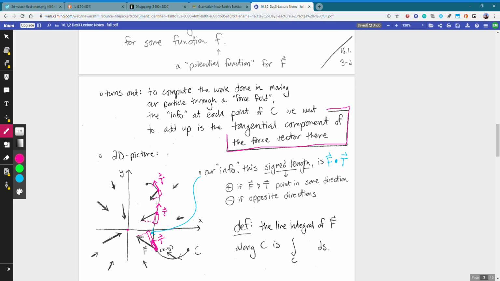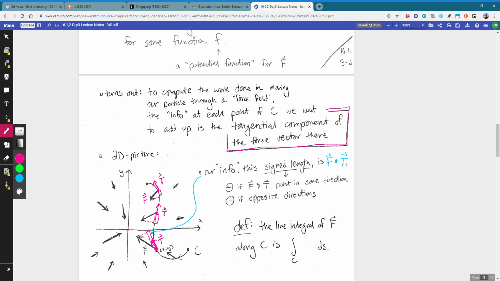And in that case, when our F vectors are pointing the opposite direction and the tangential component lies behind, that length is going to be counted negatively. All right, so our information is actually the signed length. That's exactly what this F dot T hands us.